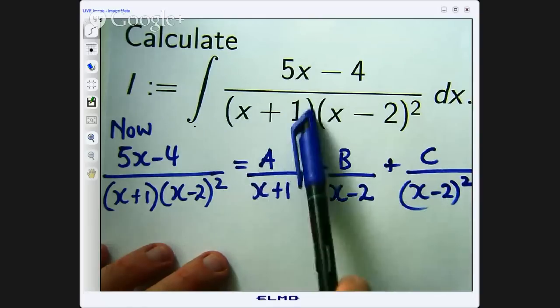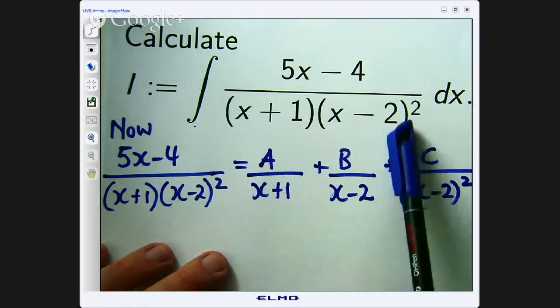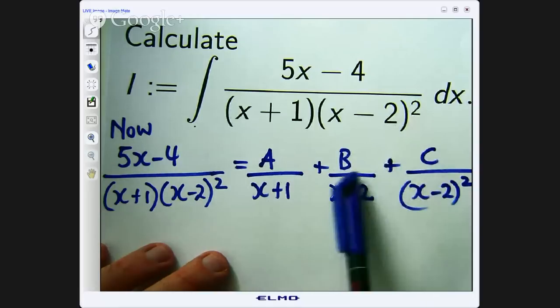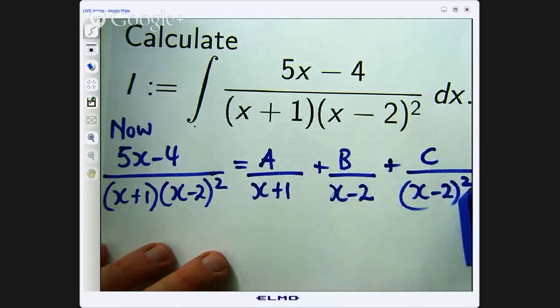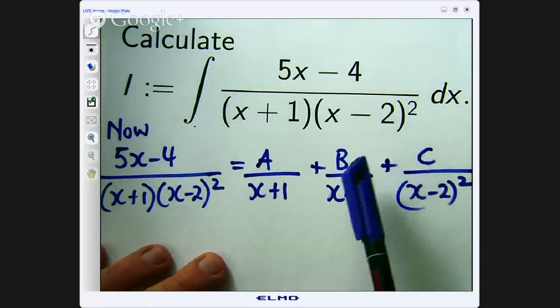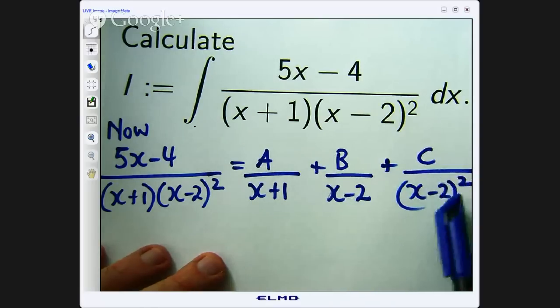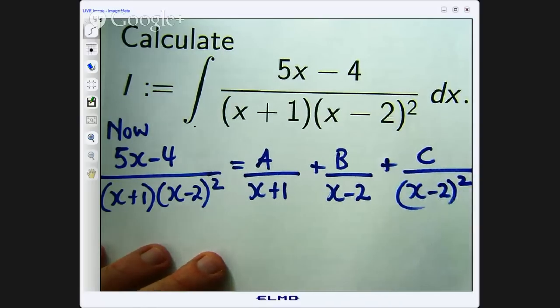You've got that sitting by itself, and you've got a constant on top of that. You've got this here squared, and you start with this to the power 1, and you go up to a squared. Now, if this was a cubed up here, you'd have this, and then a D over x minus 2 all cubed.